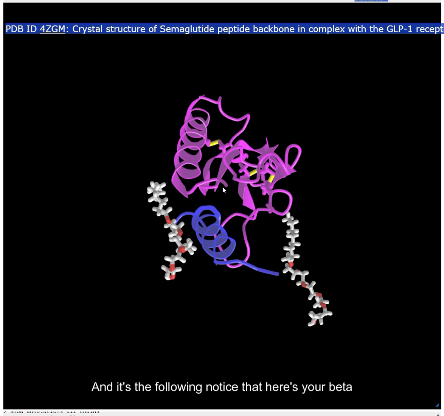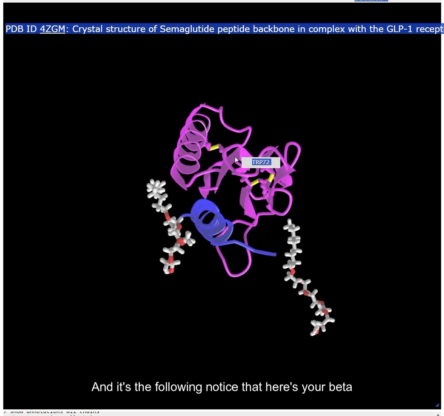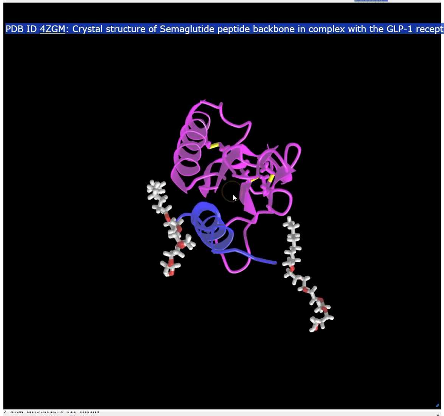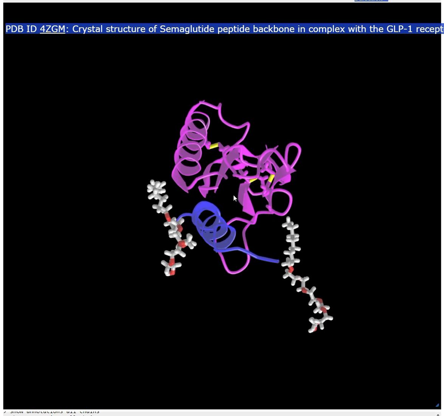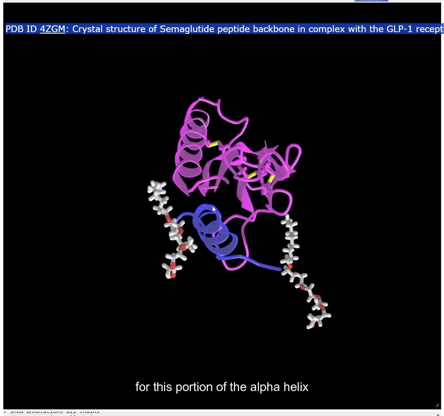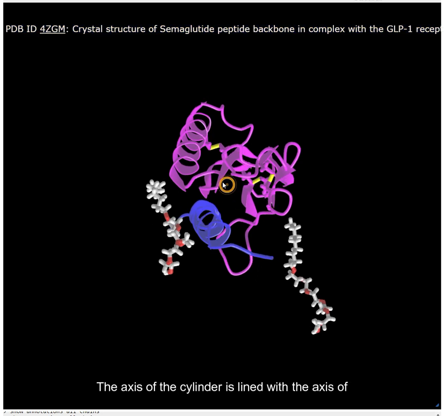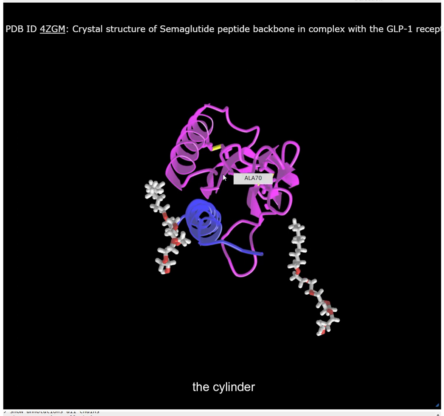And it's the following. Notice that here's your beta sheet, okay? Yes. And we know that the interior of that is, well, we don't know, because we don't see the side chains. But I would ask whether it's coincidence that for this portion of the alpha helix, the axis of this cylinder is lined up with the axis of the cylinder which is here.